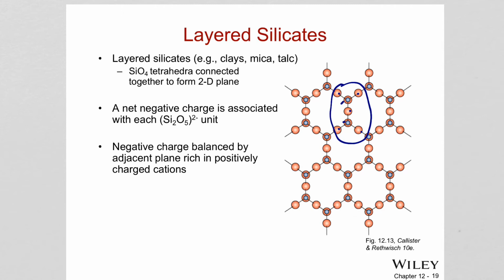So we need another planar sheet of structure having an excess of cations, which bond to these bonded oxygen atoms from this structural sheet. So therefore you will need another sheet of a ceramic structure where you have excess of cations, which will basically provide neutrality when interacting with these negatively charged sheets.